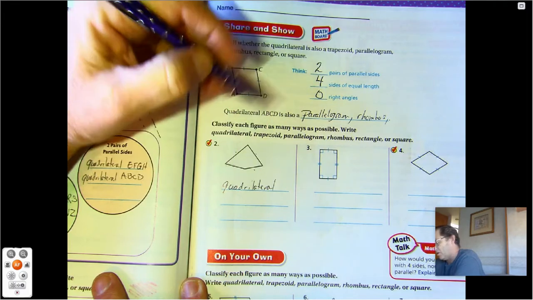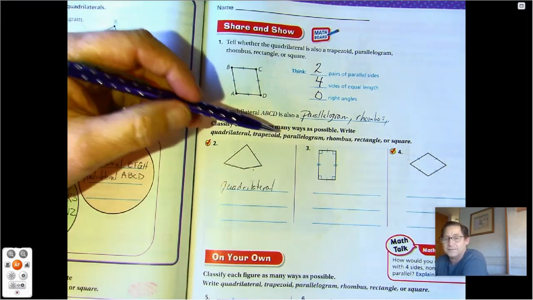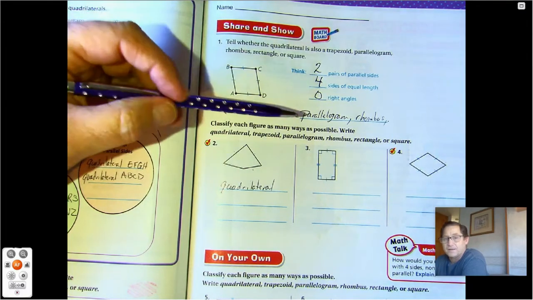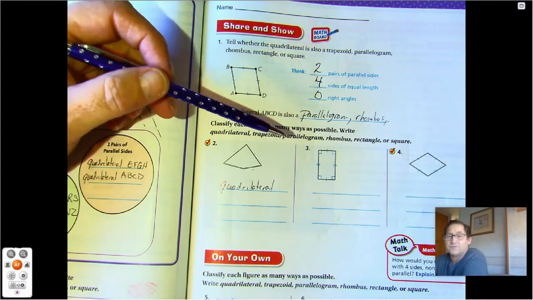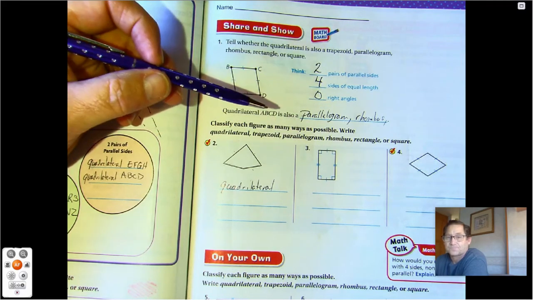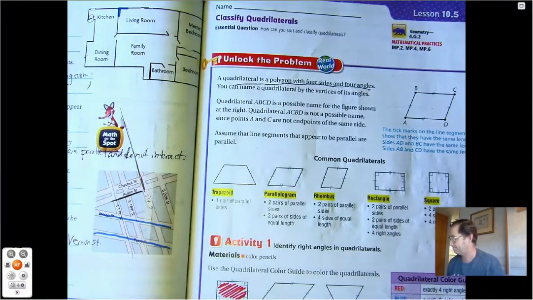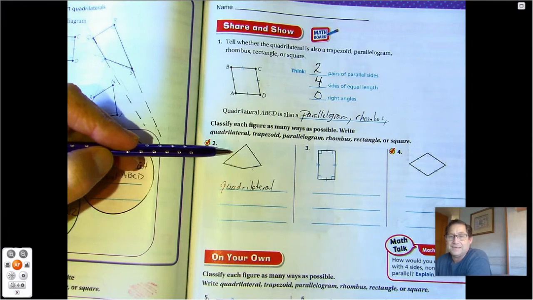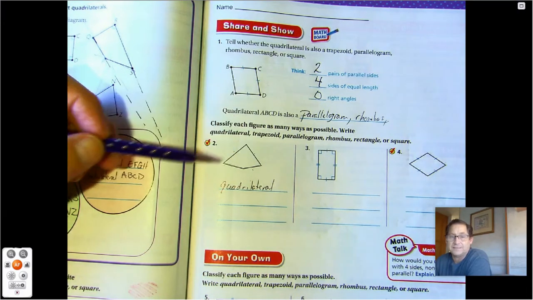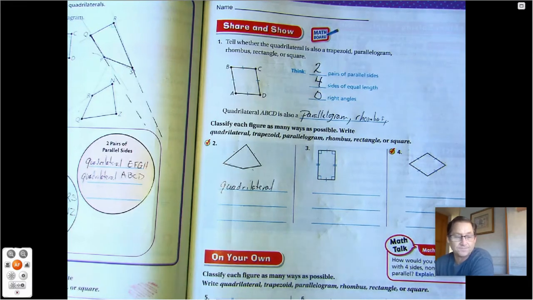This is not. So no, it's not a trapezoid. Parallelogram? Well, no, it doesn't have any parallel sides. Rhombus? No. A rhombus has to have two pairs of parallel sides and four sides of equal length. And it's definitely not a rectangle or a square because it doesn't have right angles. Okay, so number 2 is just a quadrilateral.